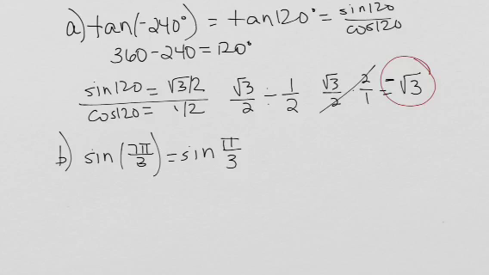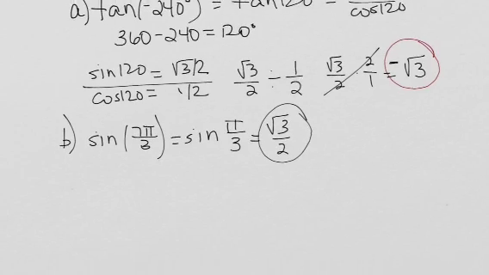So the sine of pi over 3 is just the y value of the circle that comes up with that, which is the square root of 3 over 2. We know we're working in quadrant 1 where everything is positive, so square root of 3 over 2.